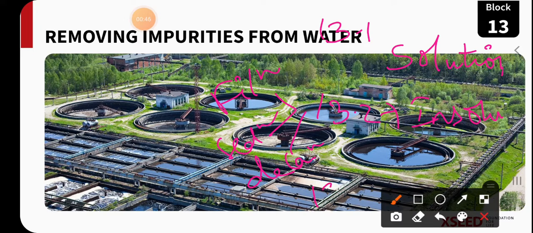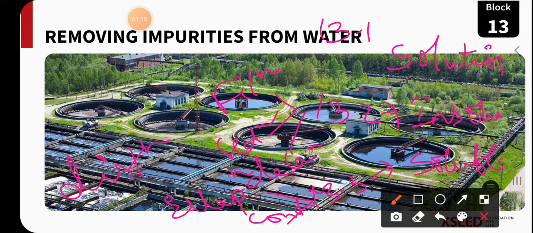And in 13.3 we learned separation of soluble substances by a few processes like evaporation, condensation and even a little higher level, that is distillation.